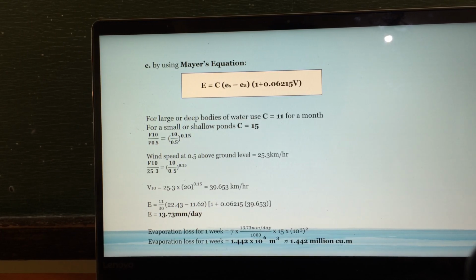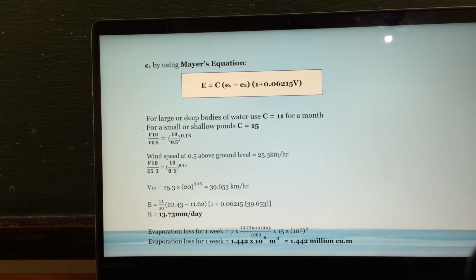Wind speed at 0.5 above ground level is equal to 25.3 kilometers per hour. V sub 10 over 25.3 is equal to the quantity of 10 over 0.5 raised to 0.15. V sub 10 is equal to 25.3 times 20 raised to 0.15, which is equal to 39.653 km per hour.